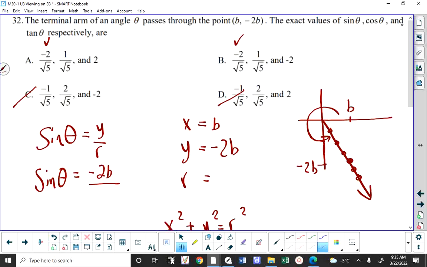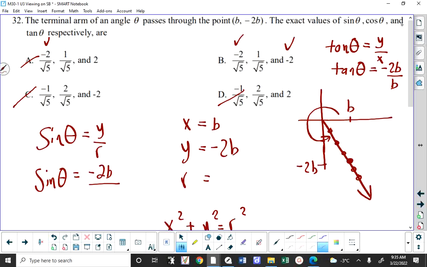Because well, it doesn't matter. We know r now, so it really doesn't matter. But tangent of theta is equal to y over x. So we could write tangent of theta is equal to negative 2b over b. And the b's cancel, so you see that tangent of theta is negative 2. And that means a is out.